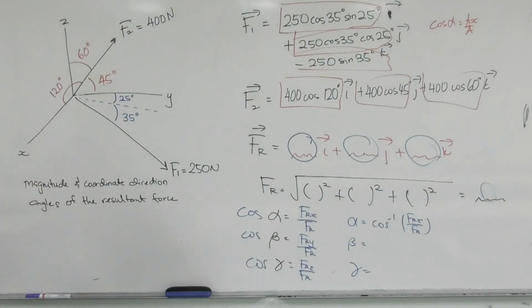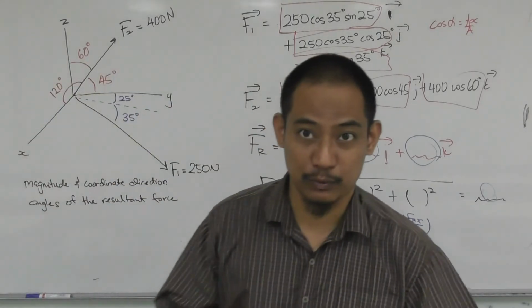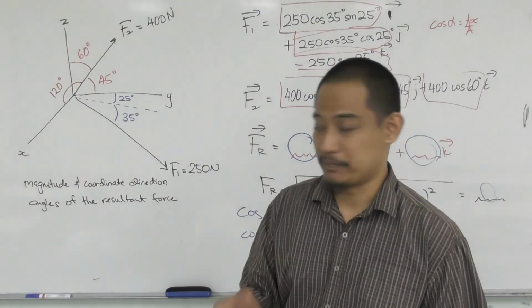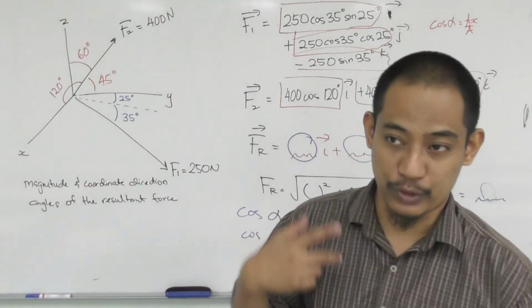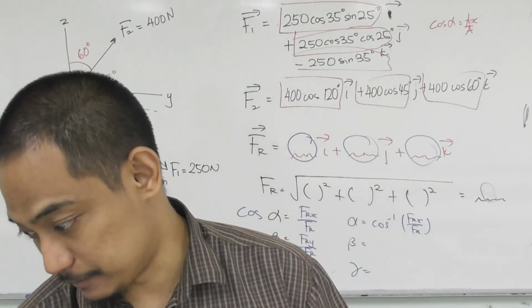With that, you have calculated magnitude and also coordinate direction angle. Just a reminder, when the question asks what is the coordinate direction angle, it will not say what is alpha, beta, gamma. It says just what is the angle, coordinate direction angle. You have to understand, that means alpha, beta, and gamma, right?